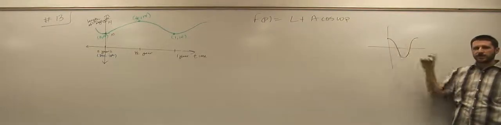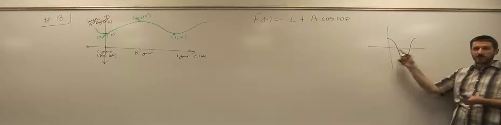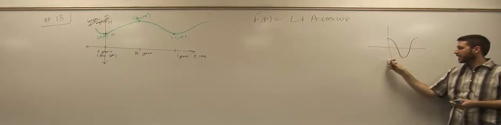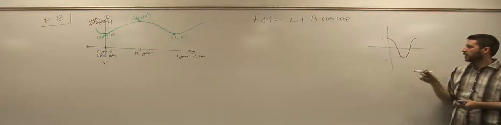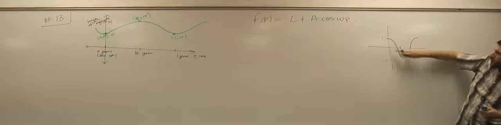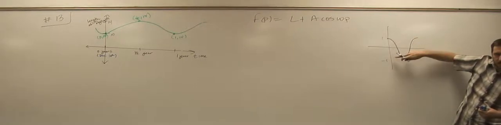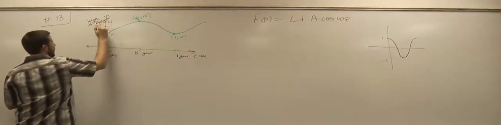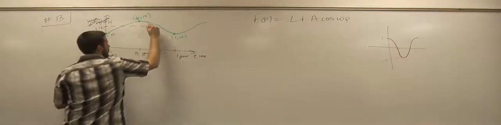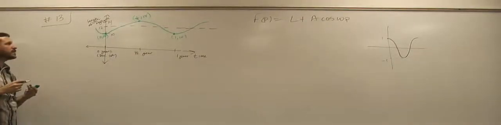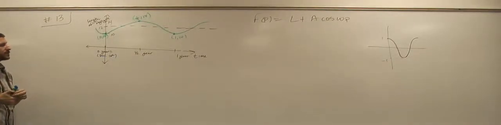How far has this been shifted? It hasn't, right? Because it's oscillating around 0. But the min is at -1 and the max is at 1. So to figure out how far you've been shifted, you take the average of the min and the max. So this guy is oscillating around 12, the average of the min and the max values, 10 and 14.